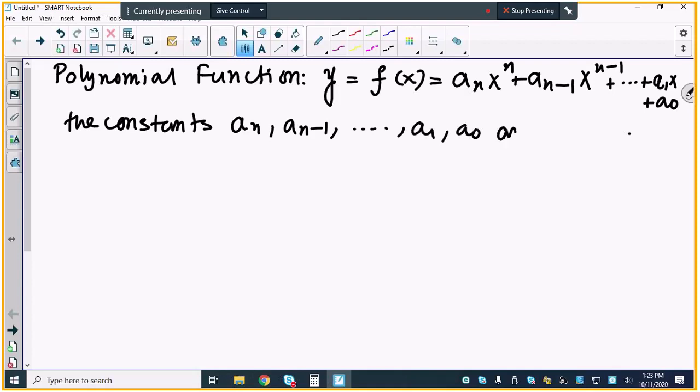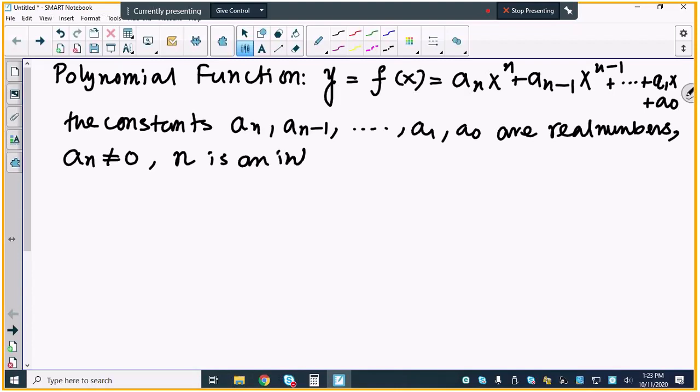We are going to only work with real polynomials. But we want to ensure that a_n is not equal to 0. n is an integer, or rather, I should say a non-negative integer.